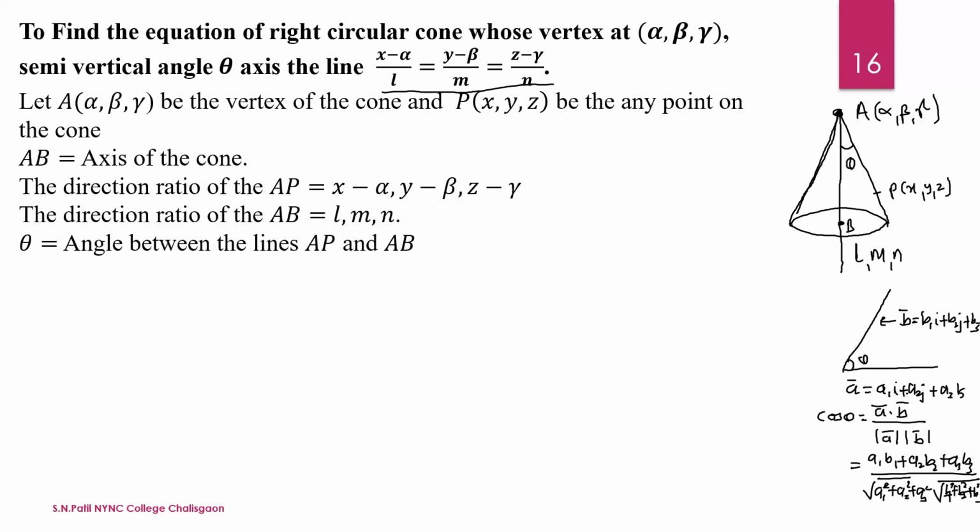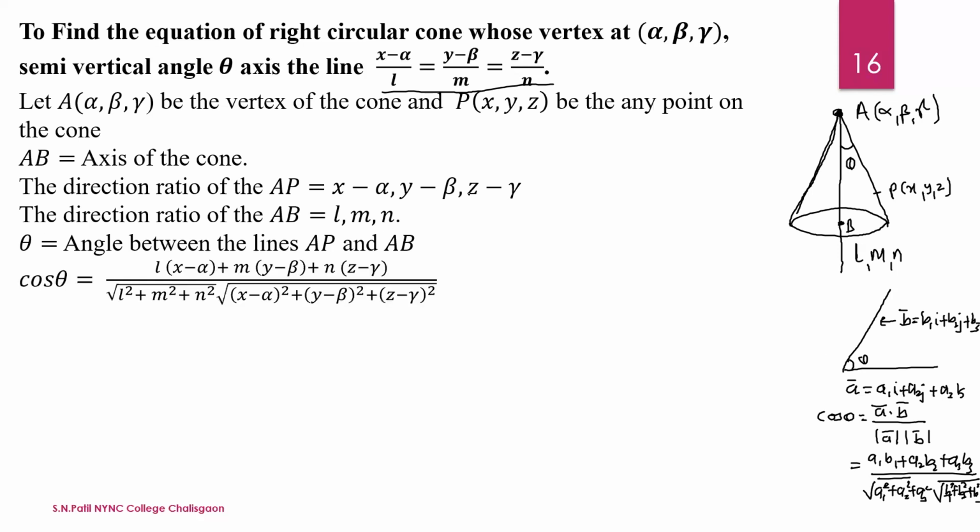And we apply the formula here. Then cos theta is equal to a1 into b1, a2 into b2, a3 into b3, divided by their magnitudes, which is the required equation of the right circular cone.